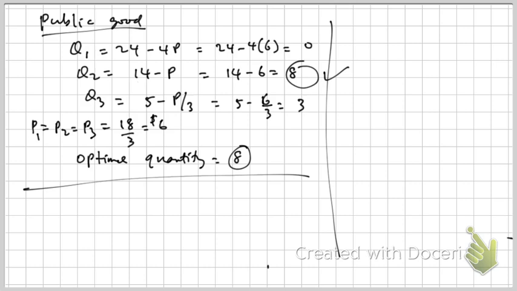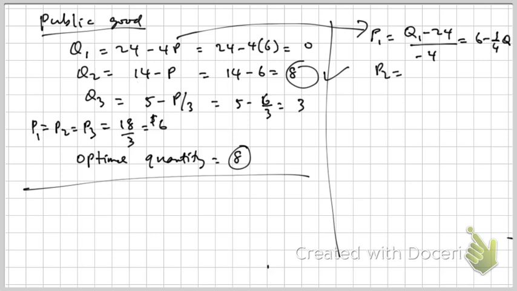If you add vertically, first you have to change this into indirect demand, P as a function of Q. So this will be P1. Basically, you subtract 24 from both sides, and then you divide by -4. This is going to be 24 divided by 4 is 6, minus 1 over 4 Q.